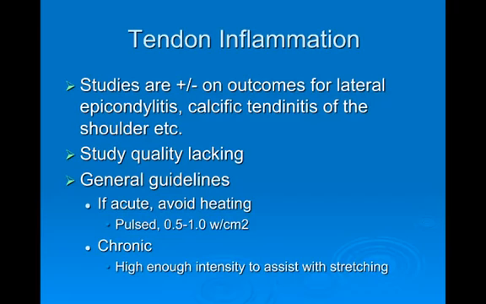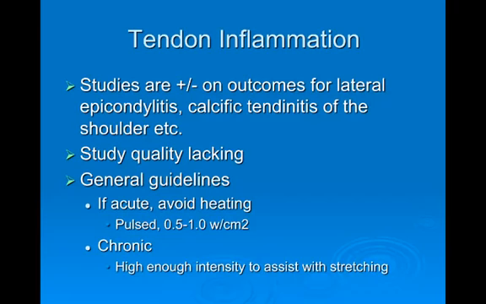But again, study quality has been poor. You want to avoid heating here, so we're going to be using pulse settings. So anytime we've got something inflamed, you've got to be real careful about putting heat into that. So a little common sense there in what you're going to use.